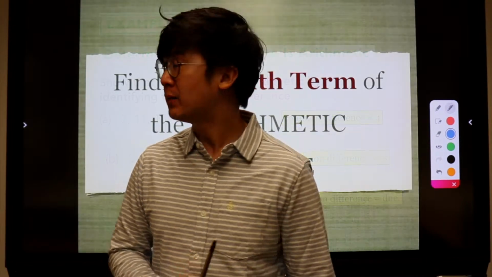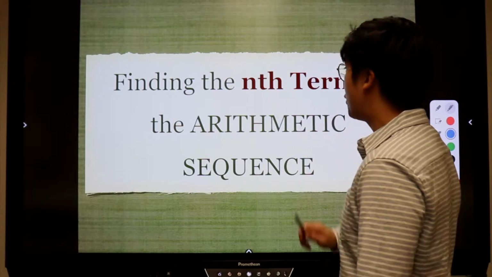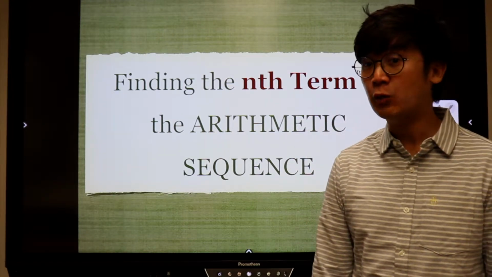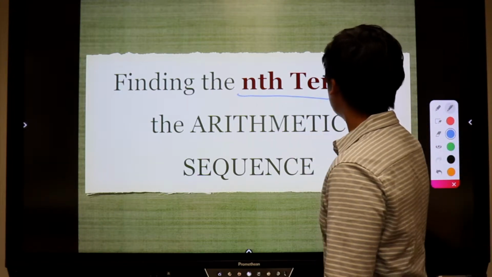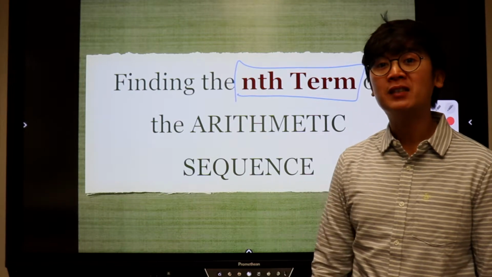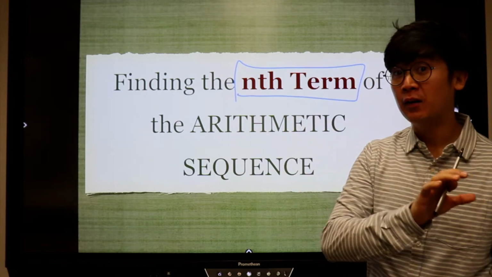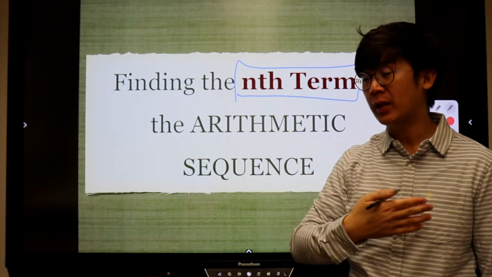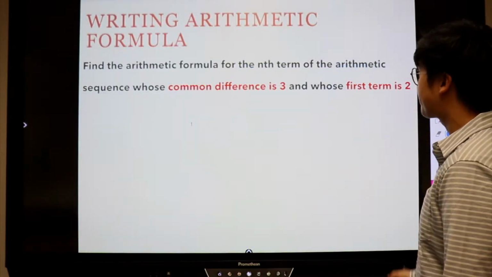That's the first skill that you need to learn when you are working with arithmetic sequences: finding the common difference. Why? Because sometimes you will be looking for the specific formula for the sequence, the nth term. When you see the word nth term, it means the general formula that will produce that arithmetic sequence. So let's start with this one.